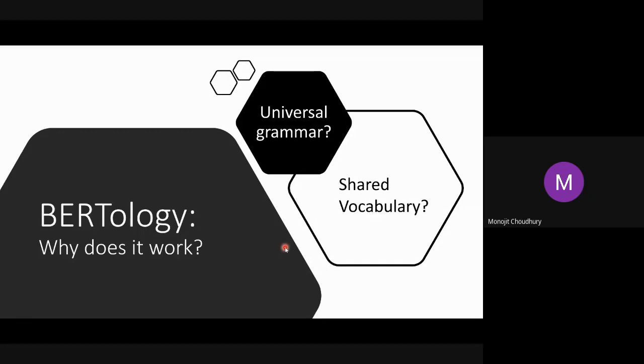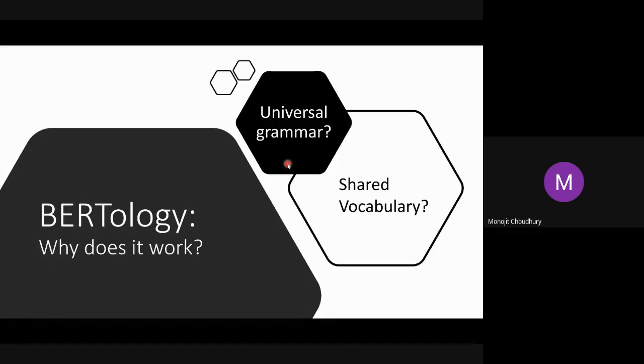The first hypothesis that came up when Google did their original paper was that probably this multilingual space is learning something called universal grammar. Many of you might already be aware, Chomsky had this notion of universal grammar, which says all languages essentially have the same grammar, but only certain parameters within the grammar vary, and this variation gives rise to a large number of different kinds of languages.